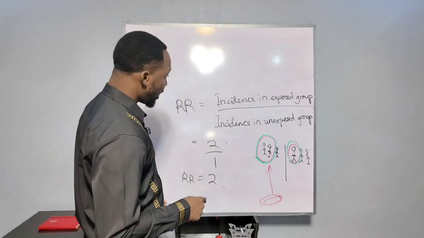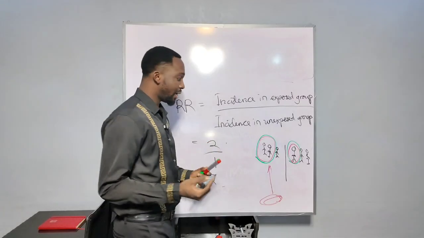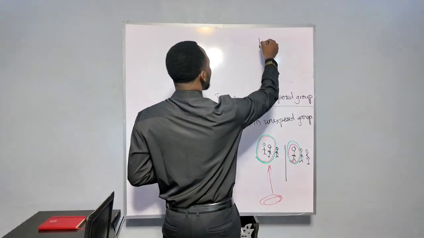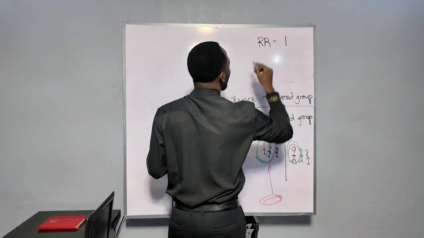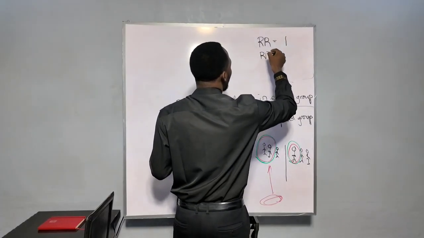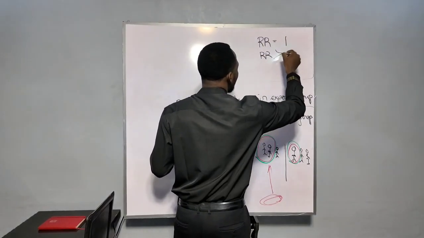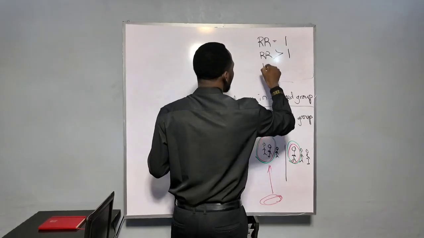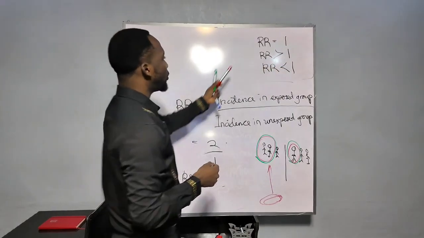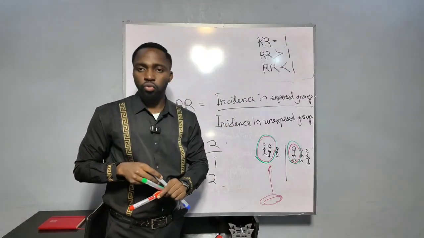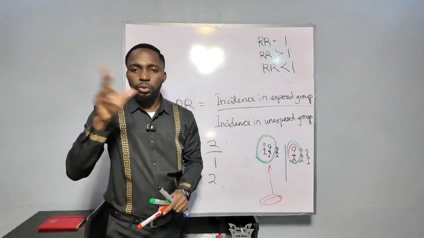Now, I'll mention something. I say when the risk ratio is higher than 1, we have... risk ratio may either be equal to 1, or risk ratio may be greater than 1, or risk ratio may be less than 1. So when the risk ratio is equal to 1, there's no difference.